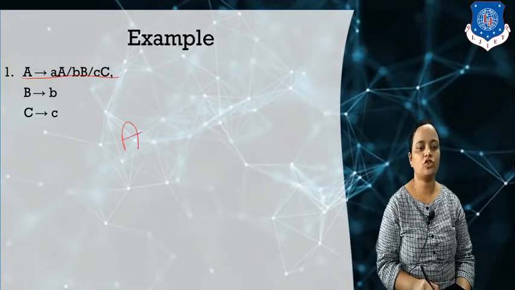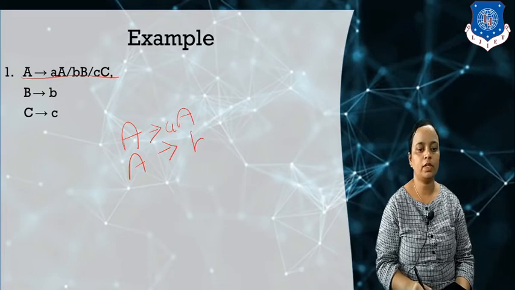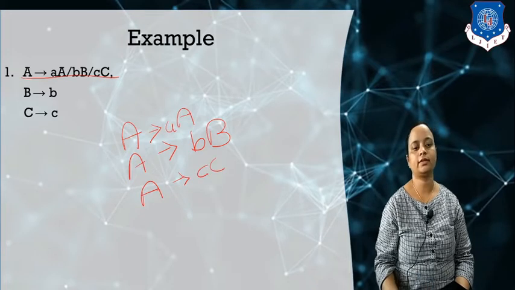This contains 3 production rules: A tends to B, and A again tends to capital C.